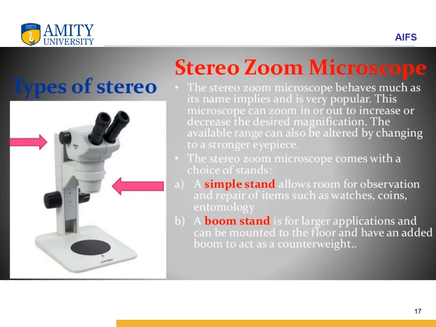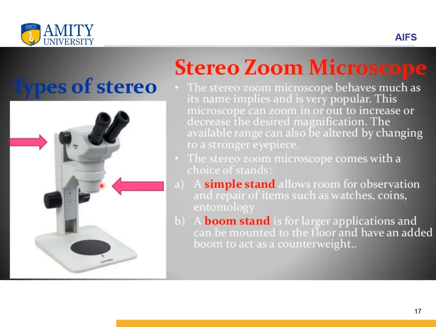The stereo zoom microscope comes with a choice of stands. There are two types of stands: one is the simple stand and the other is the boom stand. A simple stand stereo microscope allows room for observation and repair of items such as watches, coins, and even some entomology and archaeological samples.